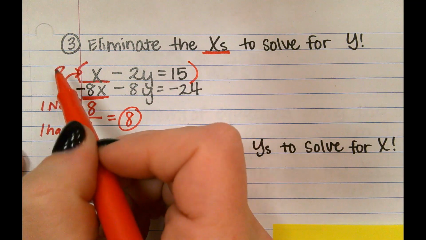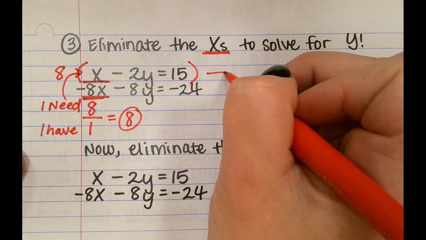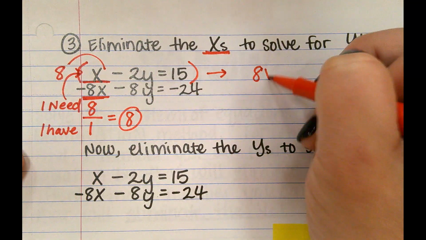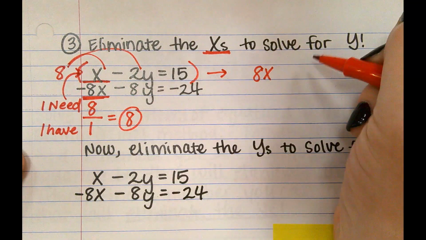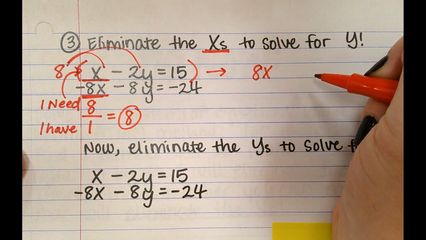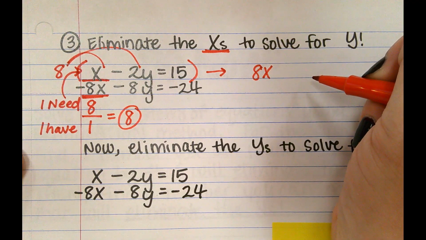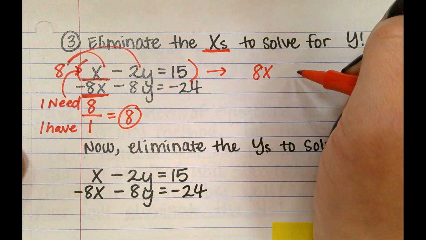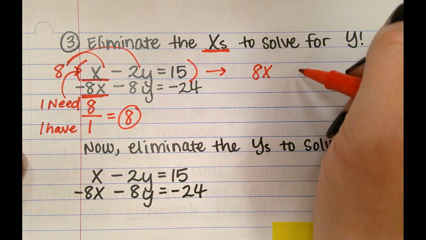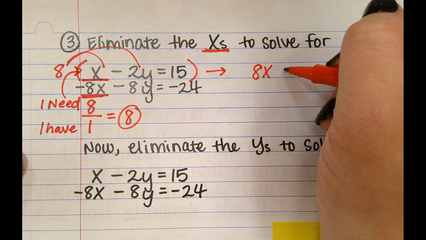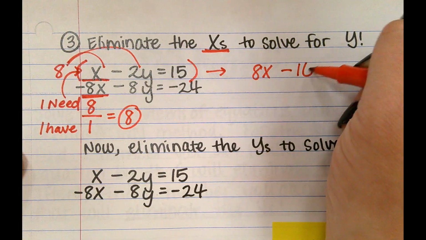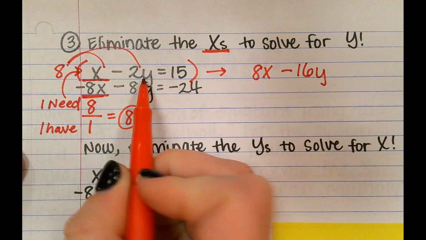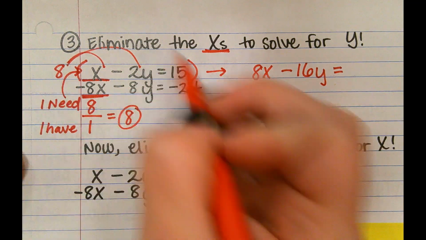Okay. So 8 times x gives me 8x. 8 times negative 2y is negative 16y. Good. Everybody can jump in now. Negative 16y equals 8 times 15.